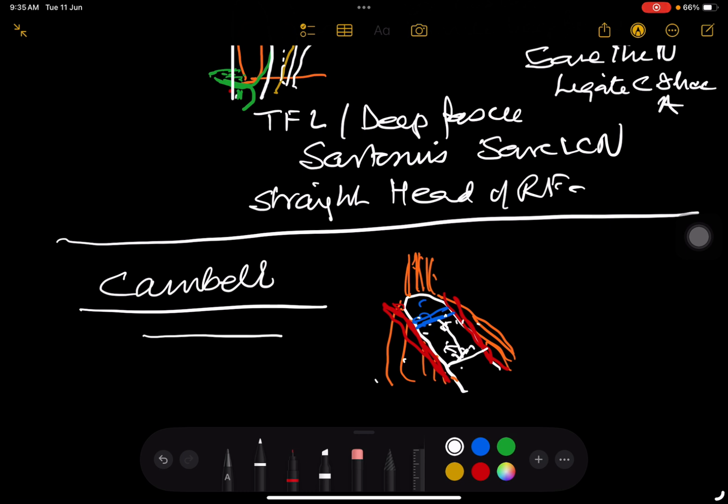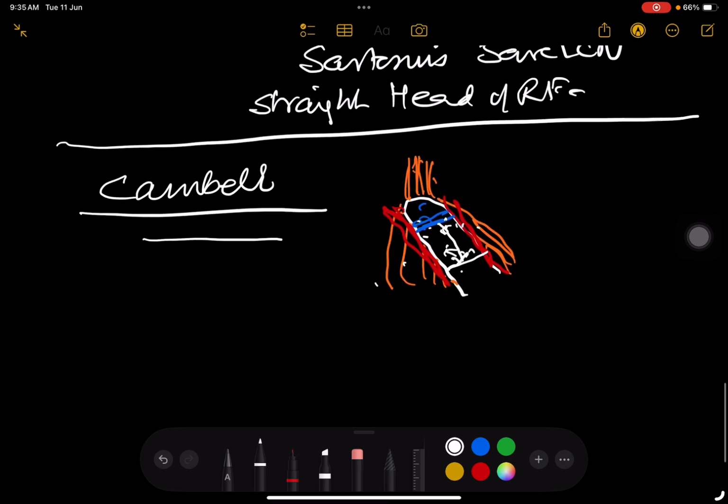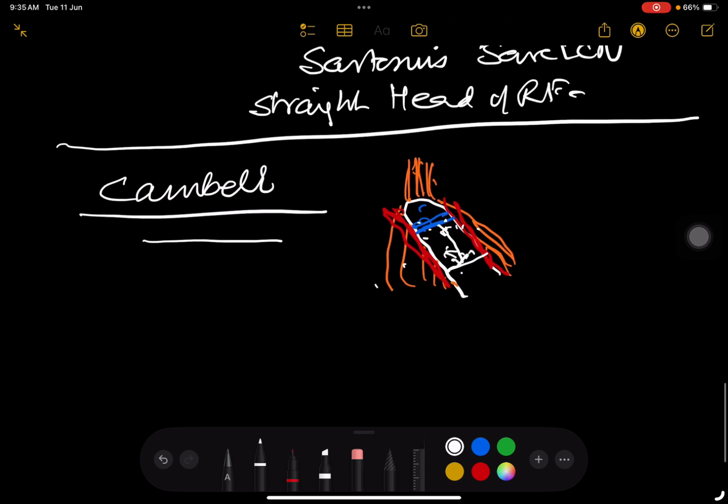Then after this Campbell operation, you must restore extensor power to the hip. Because what is the deformity? Flexion, abduction, external rotation. Abduction, external rotation is alright, but you must restore gluteus maximus.